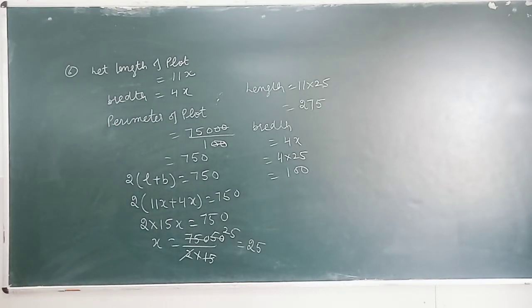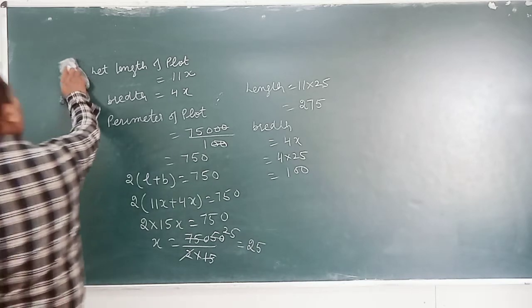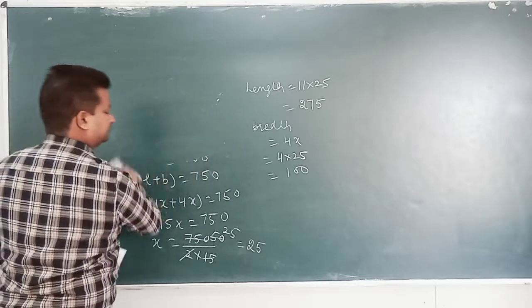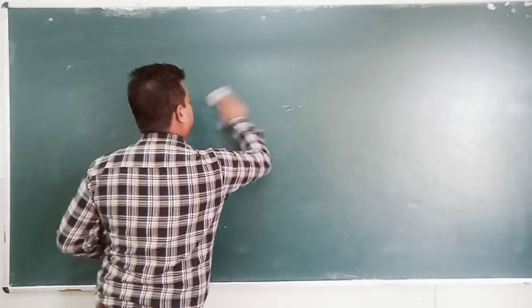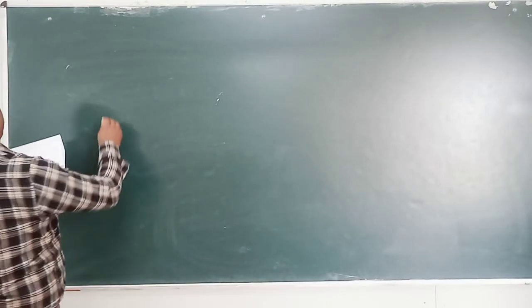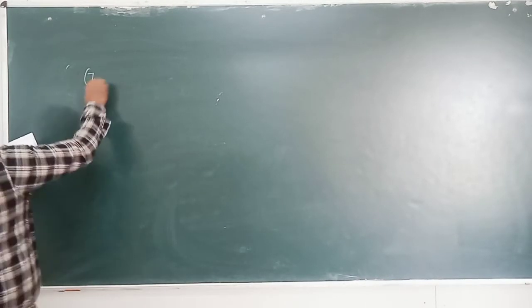In this question, first we find the perimeter. For perimeter, we divide the total cost by the cost of 1 meter. Then the perimeter of a rectangle is 2 into (L plus B). In the next question, question number 7, Hassan buys two kinds of cloth material for school uniform.